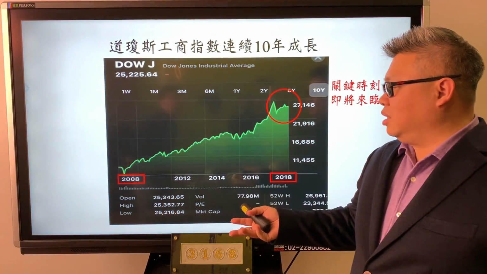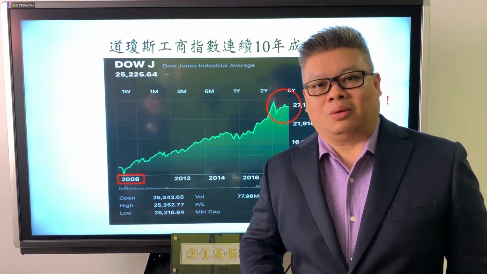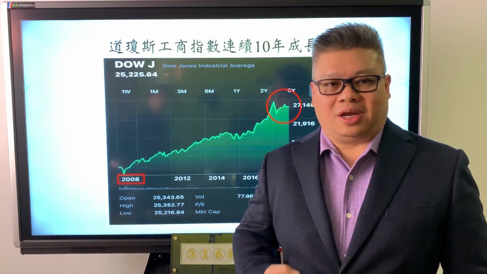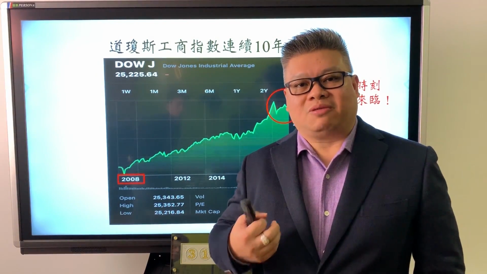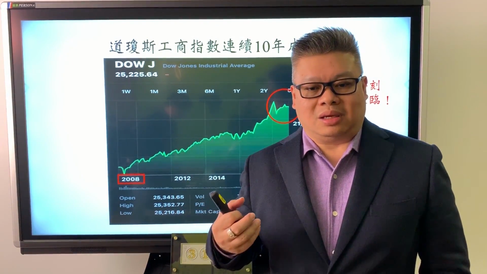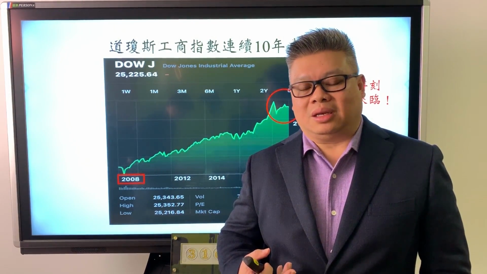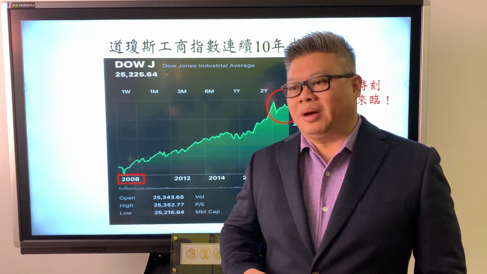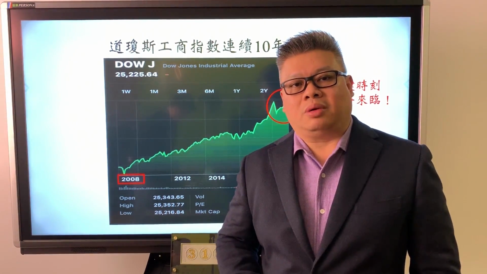So look at the year 2008, where most of us know that we experienced what we call a financial tsunami. That was when Lehman Brothers fell, and there were major crises in the States, whereby the housing market collapsed and the stock market fell to the very bottom.